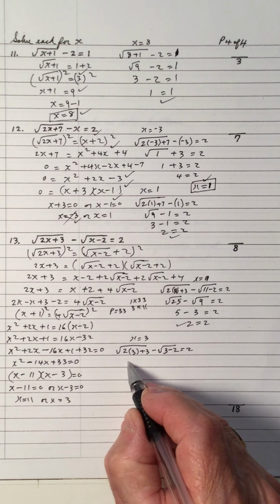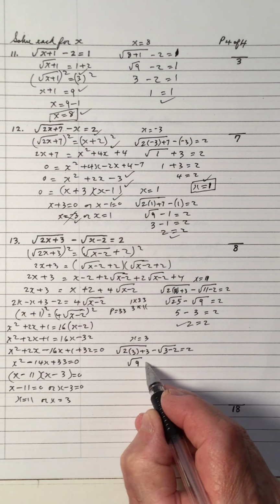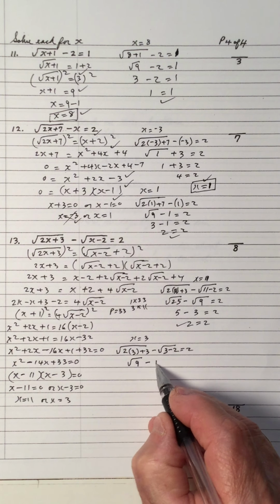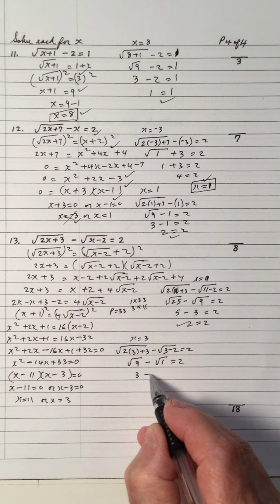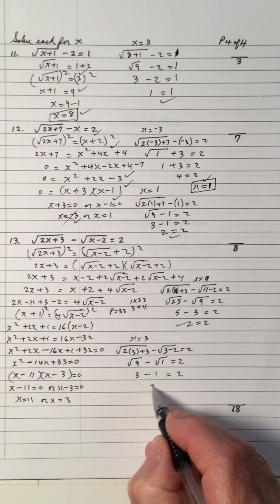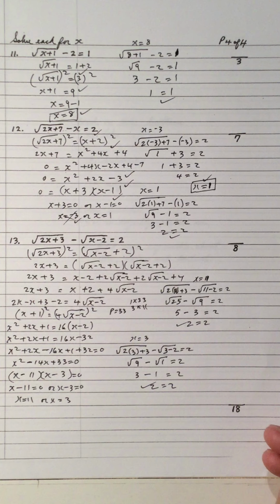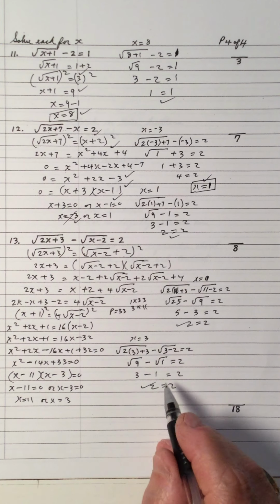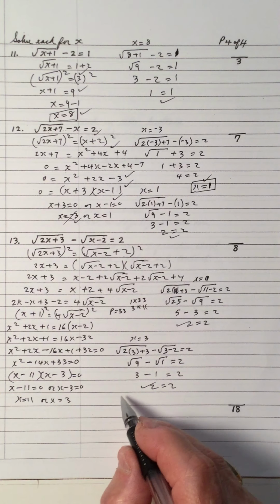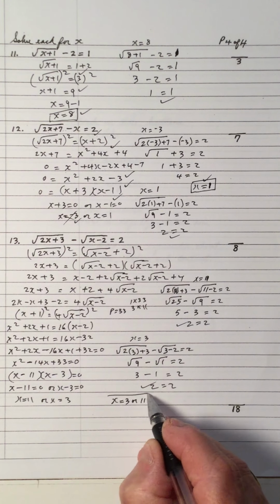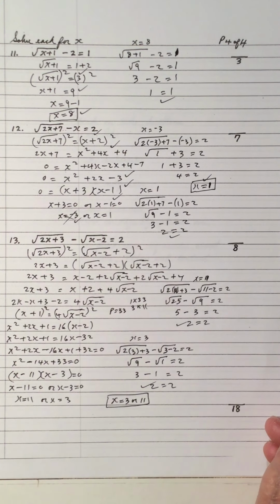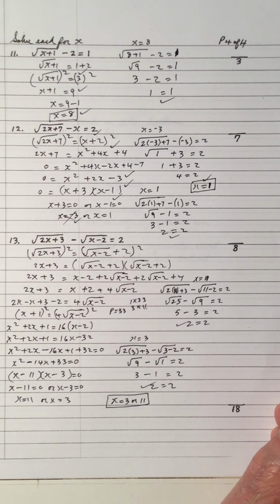That's a 6 plus 3 is a 9. 3 minus 2 is 1. The root of 9 minus the root of 1, 3 minus 1, equals 2. So, as it happens here, both of them work. So x equals 3 or 11. Again, sometimes you get extraneous roots, you got to check.